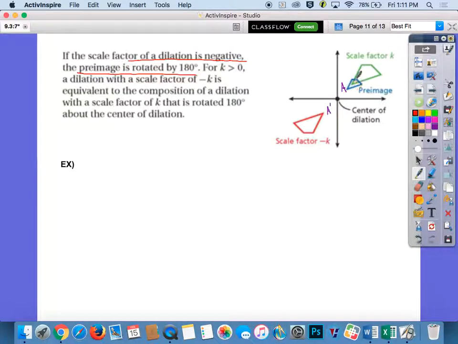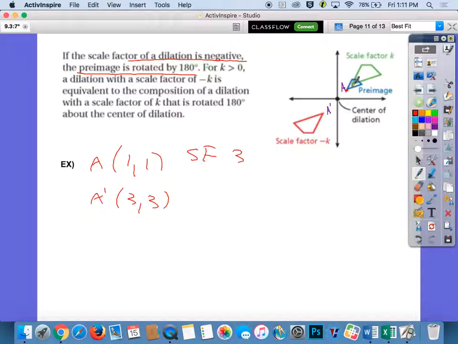So here's my pre-image. Let's call A (1, 1). Let's say we have a scale factor of 3. I used 3 in my notes here. That means A prime is going to become 3, 3. Here's your 3, 3 right here.